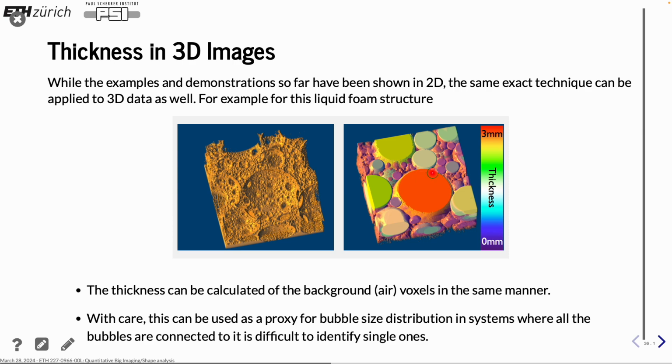Here you can see very nicely how it's cut, that we have 3 millimeter radius of this bubble and much less down here on the smaller ones. So when it goes towards purple, we are down here. And this gives us an overview of how large the bubbles are in this material.